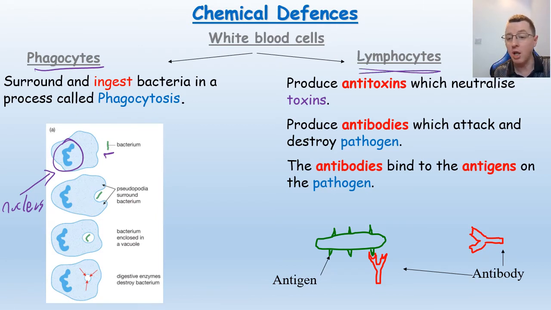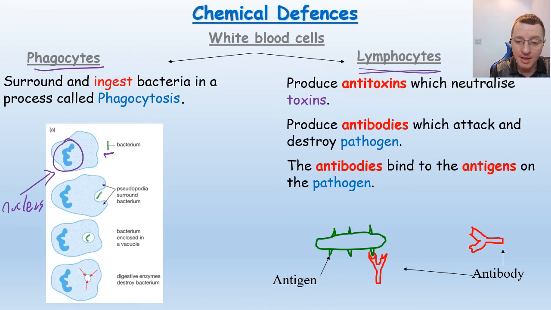The other type of white blood cell are the lymphocytes. Lymphocytes have a much larger nucleus, and their job is to produce a variety of proteins that will help the immune response. So they'll produce antitoxins, which will neutralize any toxins produced by the pathogen. They'll produce antibodies, which will attack and destroy the pathogen. And one of the ways that the antibodies will do this is that the antibodies produced by the lymphocyte will bind to a protein called an antigen, which sticks out of the pathogen cell membrane.